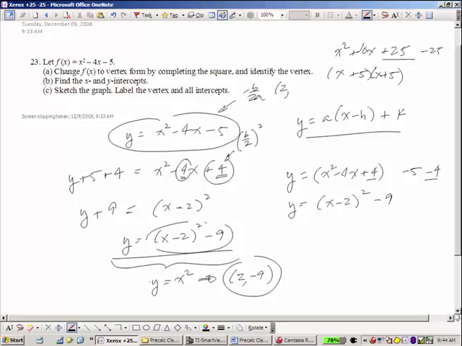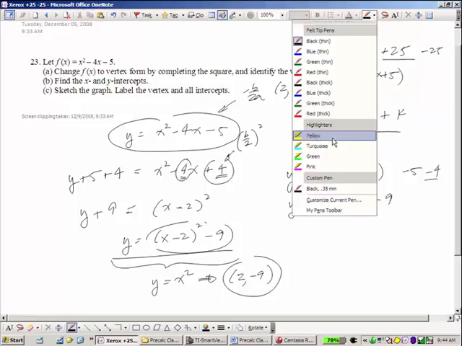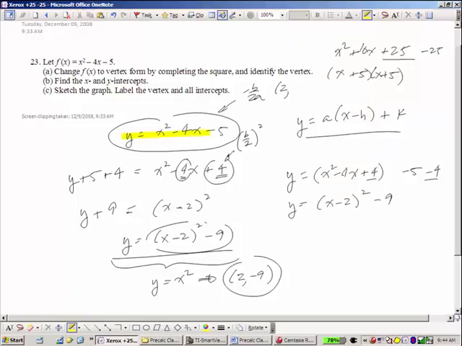So basically, you're saying that y equals x minus 2 squared minus 9 is the same thing as y equals x squared minus 4x minus 5. Yeah, exactly. Not only am I saying it, but we proved through completing the square that these two things are the same equation, just said differently.